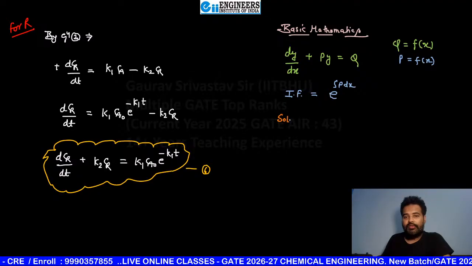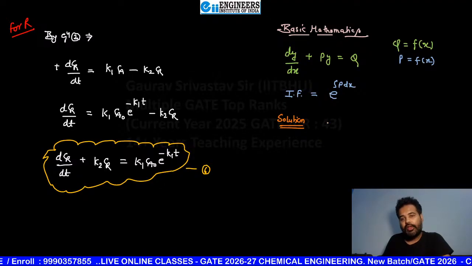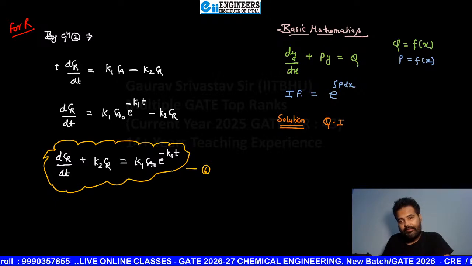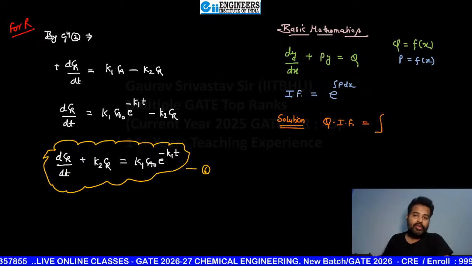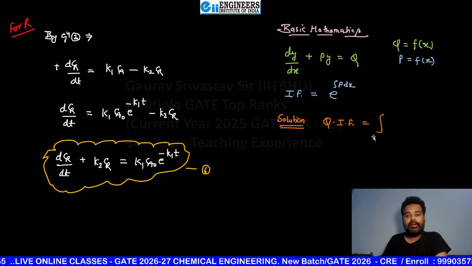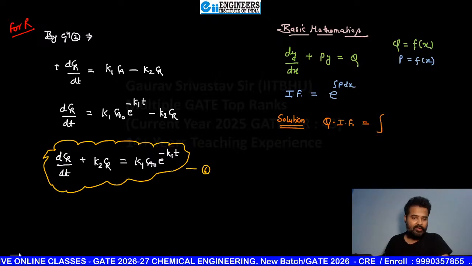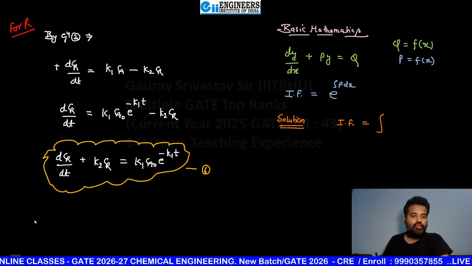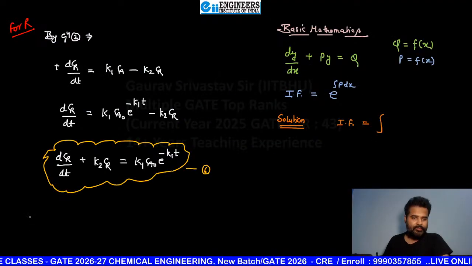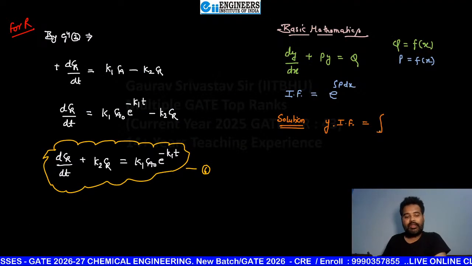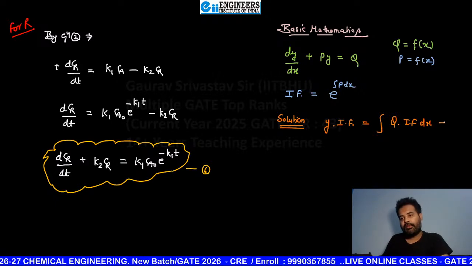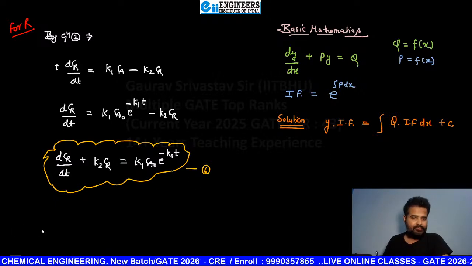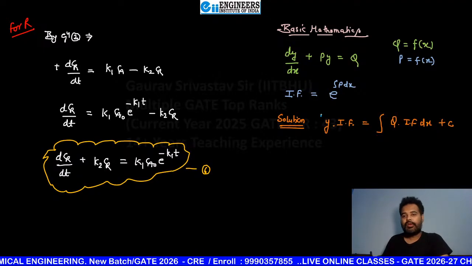So now, after getting this integrating factor, the solution is y into IF equals integration of q into IF dx plus c. Sorry, not q, it's y. यहाँ q क्यों लिख दिया? y into IF, then integration of q into IF dx and plus c. This is the solution.